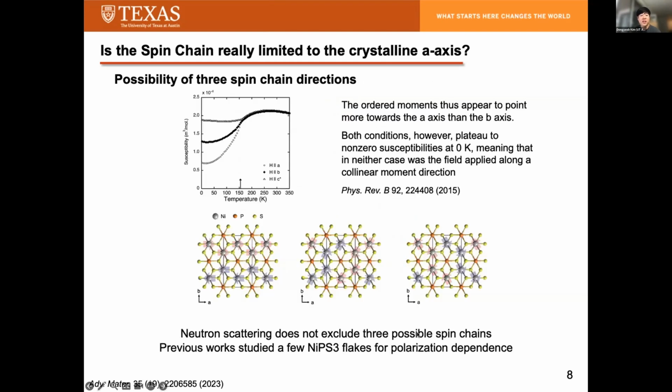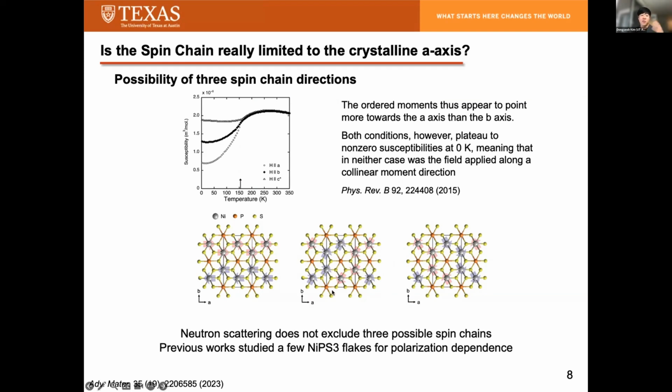And for our next question: so far, people reported that the spin chain direction is fixed to one direction, following the crystalline A-axis. But is it really true? Actually, there was a neutron scattering measurement almost 10 years ago, and the authors made an open conclusion that the plane can be an easy plane, but they cannot say that the A-axis is the easy axis from the neutron scattering data.